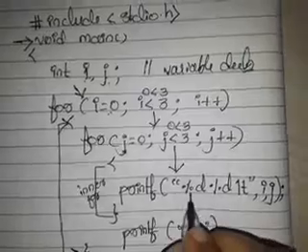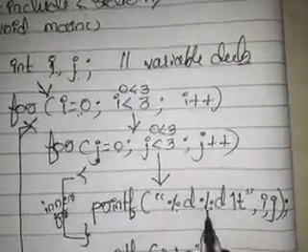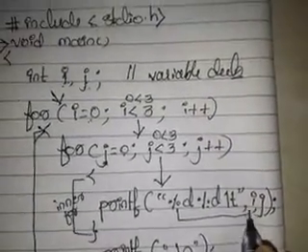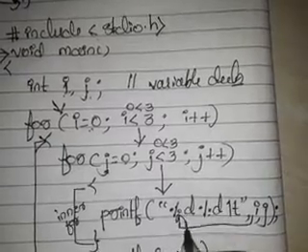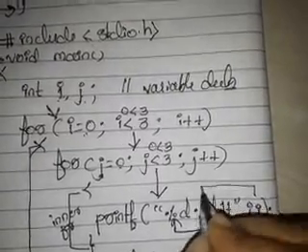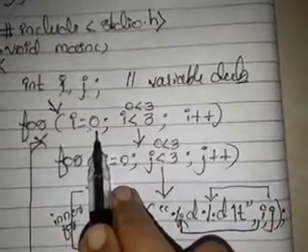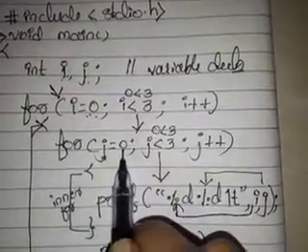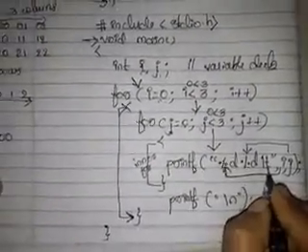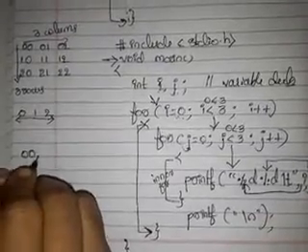Okay, so %d, what is %d? The value of i will be fetched here. What is this second %d? The value of j will be fetched. What is the present value of i? 0. What is the present value of j? 0. So obviously 0 0 is printed. \t, a space will be left.